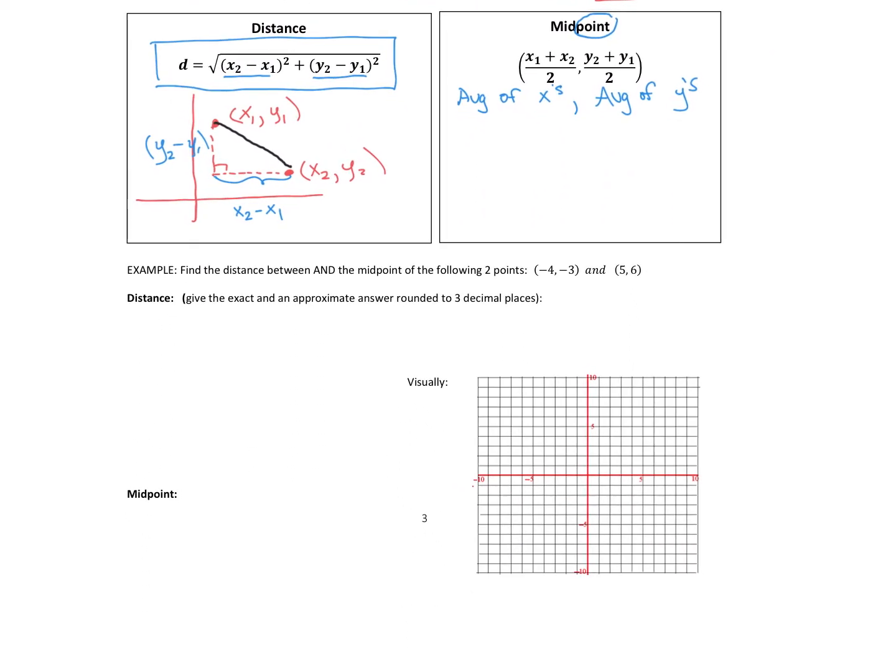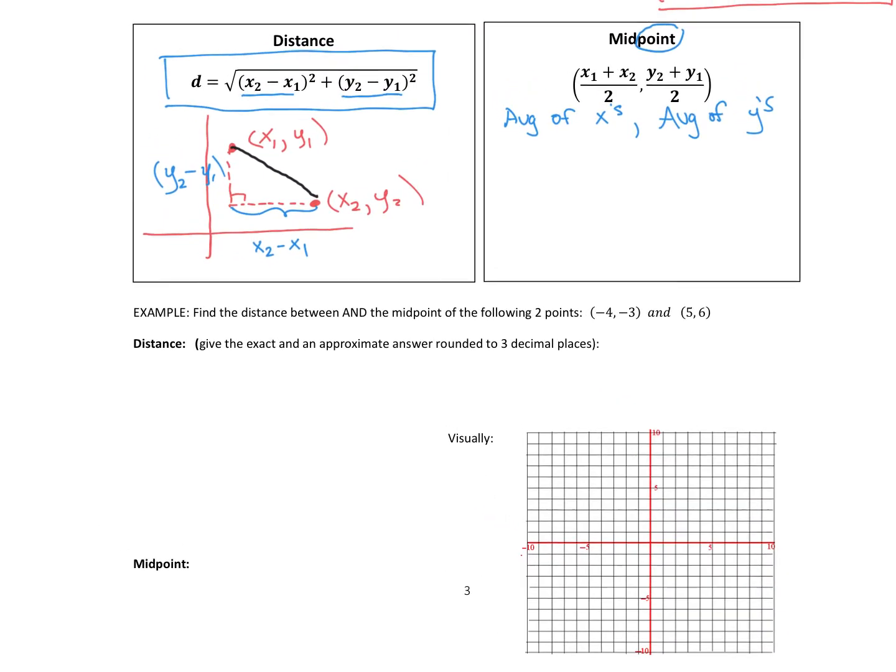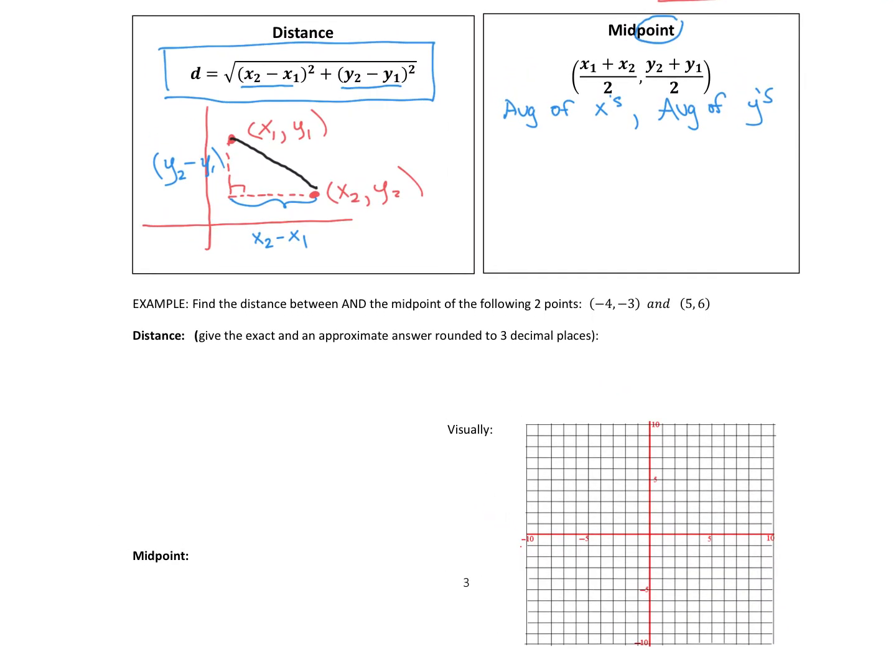Let's find the distance and the midpoint between the following 2 points. So starting with the distance, we're going to say, let's call this one x1, y1, and this one x2, y2.